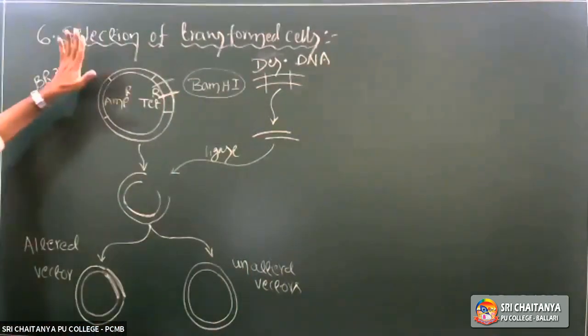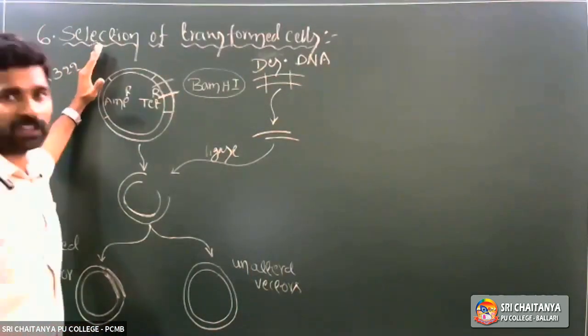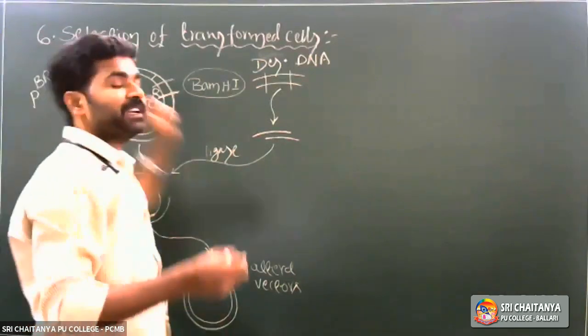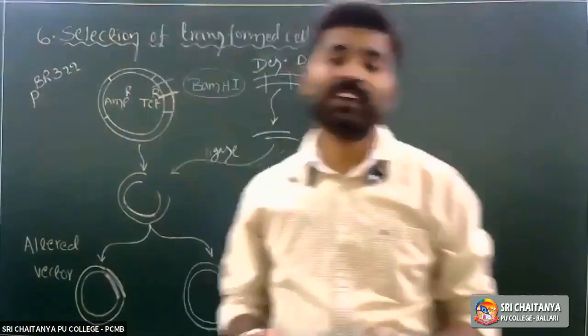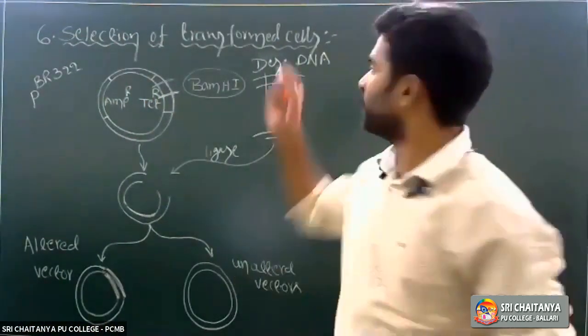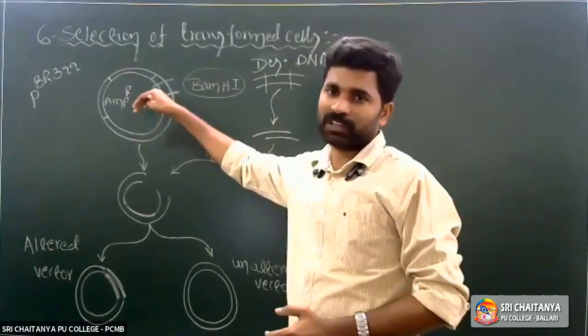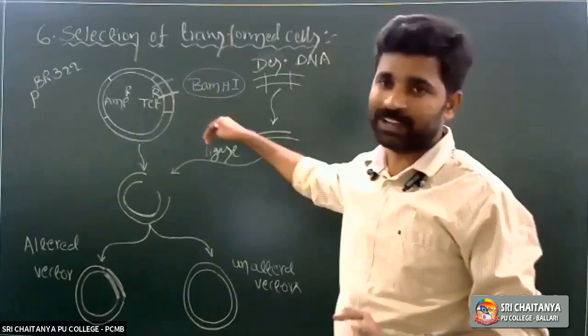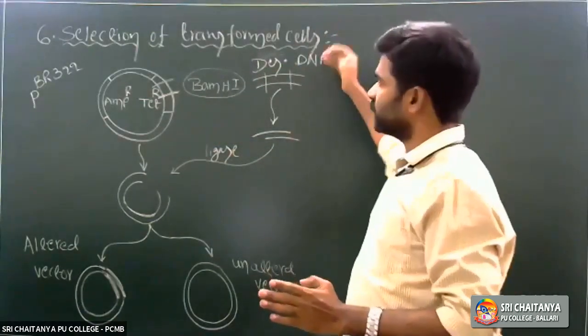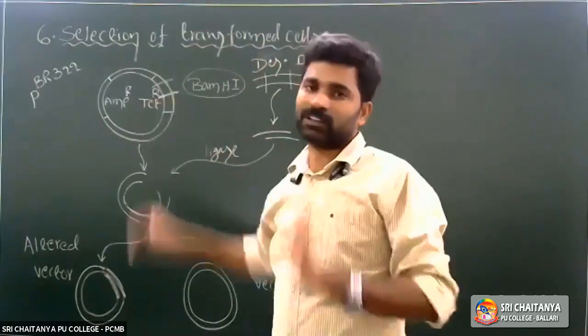But here we are taking only one pBR322 vector now, sir. Yes, it is not possible to insert only one foreign segment into one vector. Why?